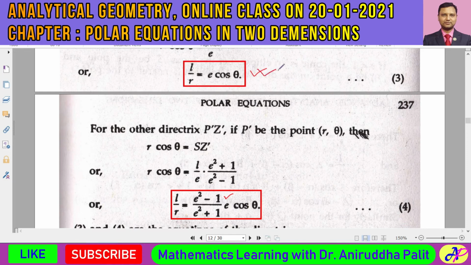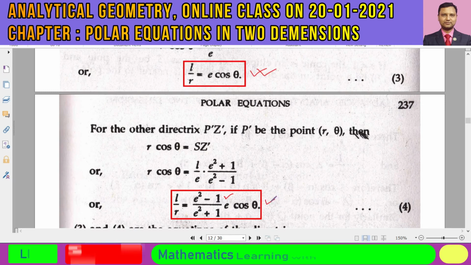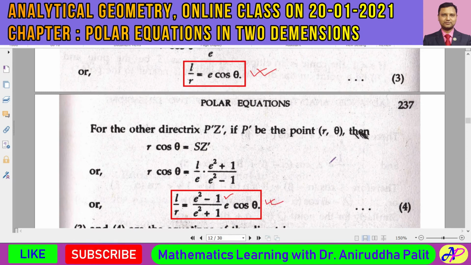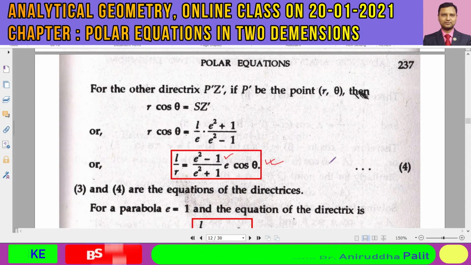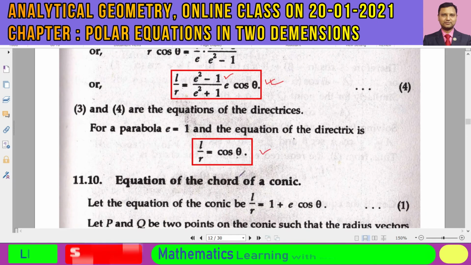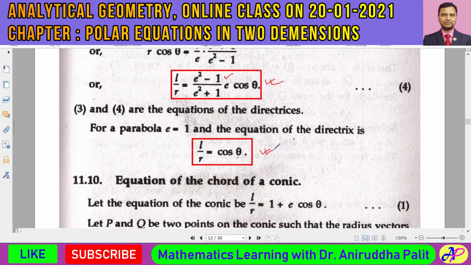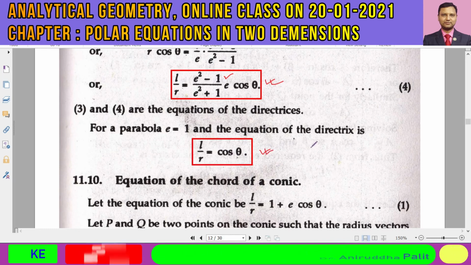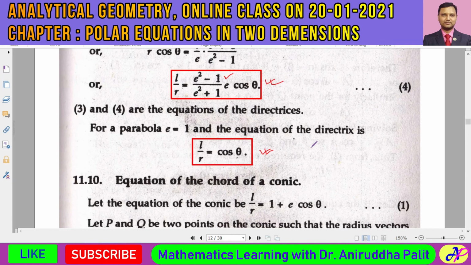So these are the two equations of the directrices in case of hyperbola, and in case of parabola only one equation comes: L by R is equal to simply cos of theta. This is the only equation of the directrix.